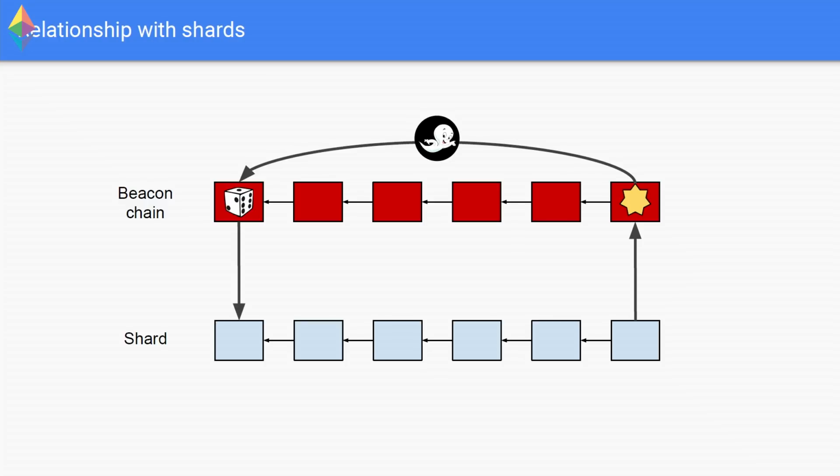As time progresses to the right, the shards will build what is called a crosslink, the yellow star. The crosslink gets included into the beacon chain. The beacon chain feeds off these crosslinks, and the crosslink is dual purpose as a Casper vote, hence the black ghost.